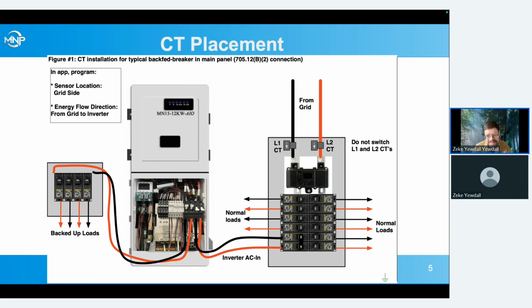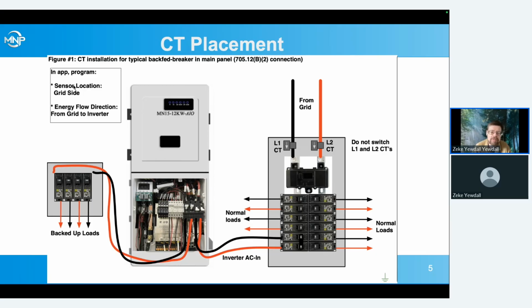Placement of the CTs. This is the same diagram we were just looking at, and the manual for the inverter shows it right on these feeders going into the main breaker. If you can get access to those feeders, that's the preferred location for it. We'll talk about the programming after we go through some of the diagrams and the installation.